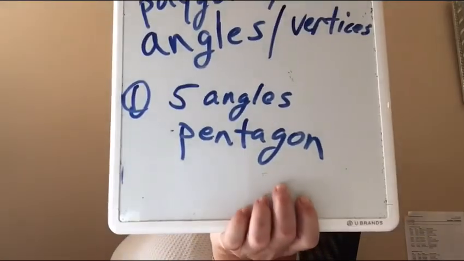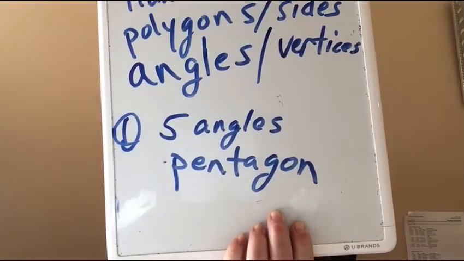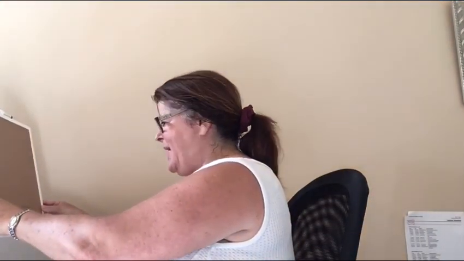Pentagon, pentagon. 5 angles is a pentagon. We did it in number 1. This is number 10. 5 angles is a pentagon.